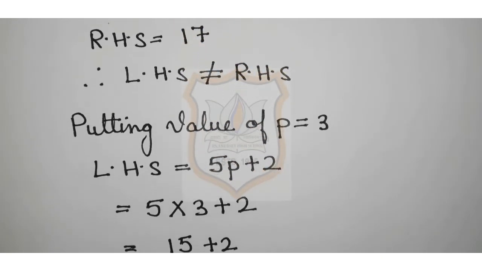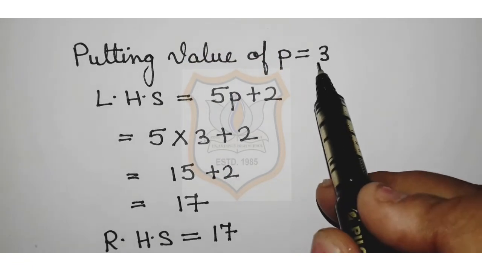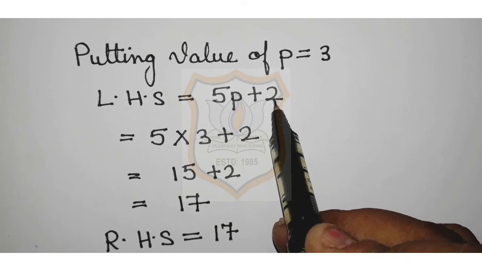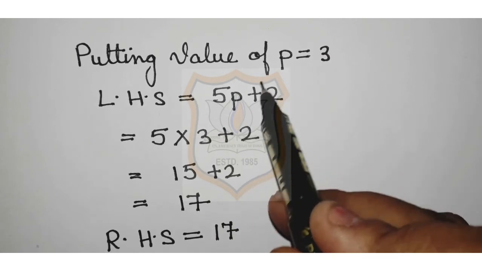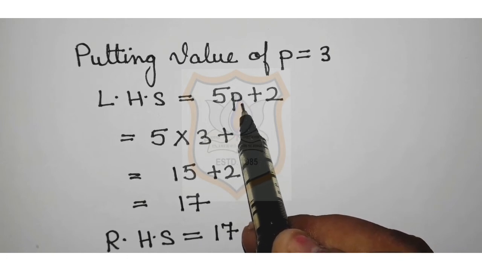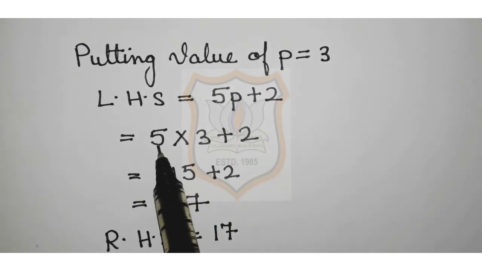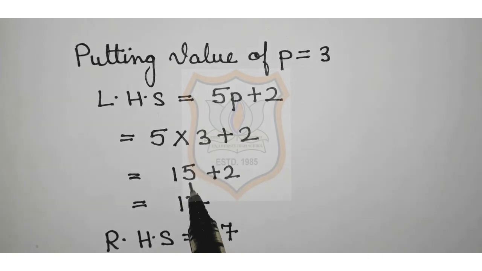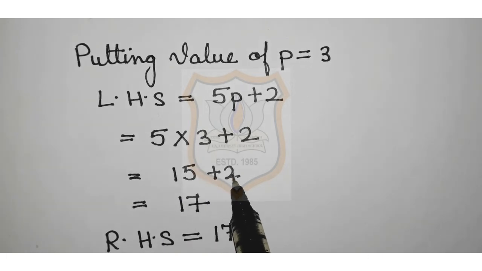Now we will put the value of p is equal to 3. Here LHS is equal to 5p plus 2. Now we will put the value of p is equal to 3 in this place. So 5 into 3 plus 2. 5 into 3 is equal to 15. 15 plus 2 is equal to 17.